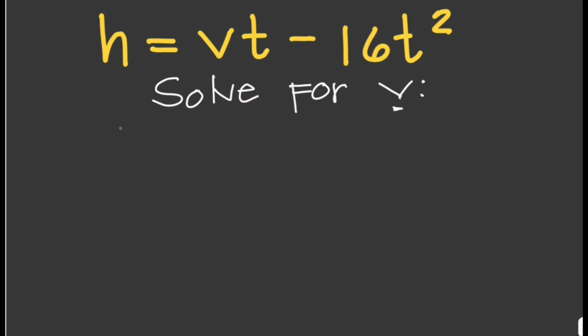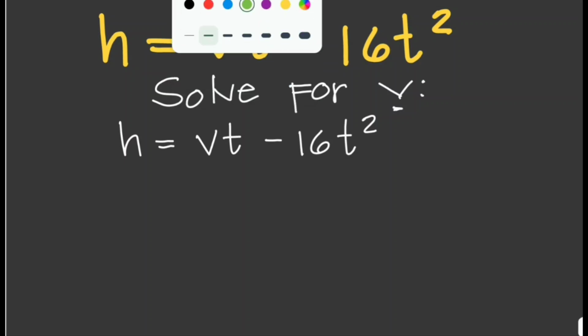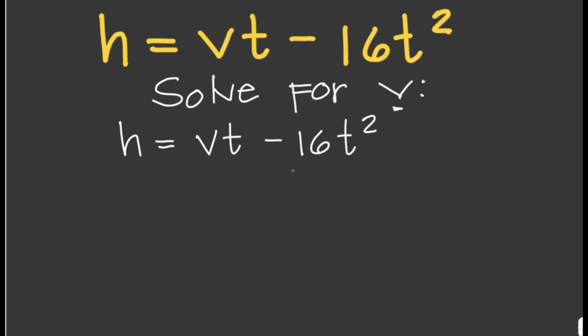So we have h equals vt minus 16t squared. The first thing we do is we isolate this one, vt. So we need to get rid of the negative 16t squared here.